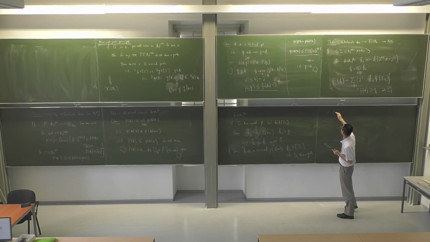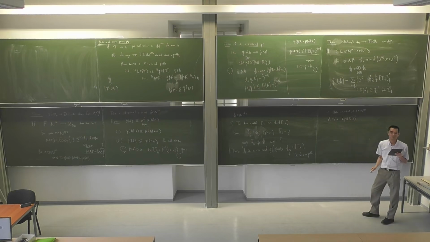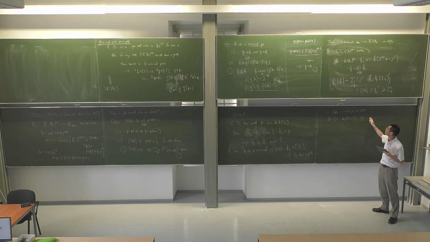If h is a critical point, and define X as the set of i such that h_i is a member of T_i. Well, this is actually either one. So with just ACA0, we can find this X by arithmetical comprehension.